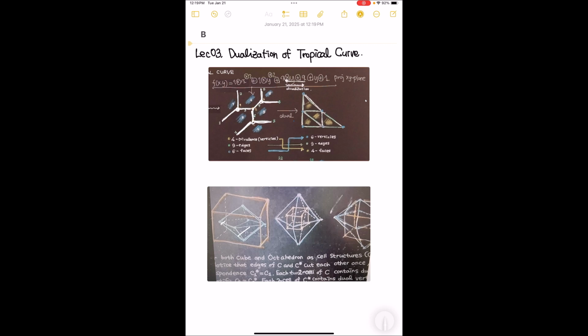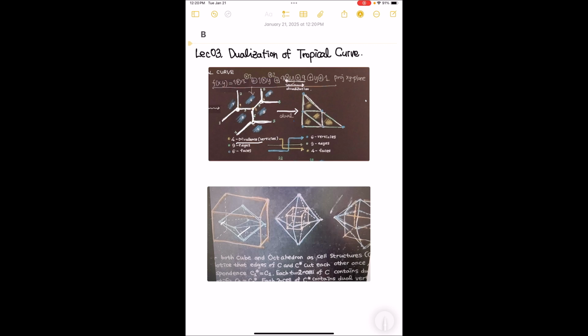Instead of vertex, we can use the term tree valence. There are 4 tree valences, 9 edges, and 6 faces. And we can think about the dual image of tropical curve.